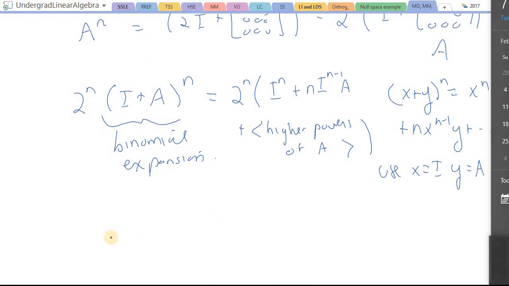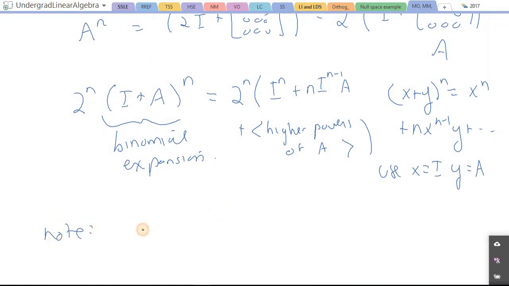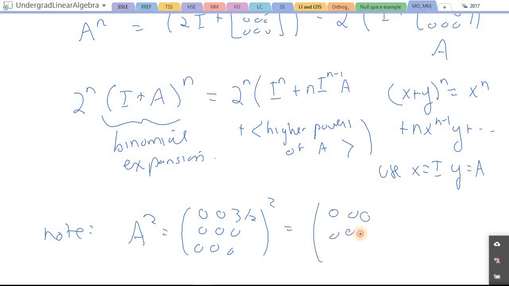Note that A squared is equal to, you can work this out, the matrix with the 3, or actually it was 3 halves, which is equal to the zero matrix. So the higher powers of A all disappear, for n greater than or equal to 2. So what I'm left with is just 2 to the n times I plus nA.